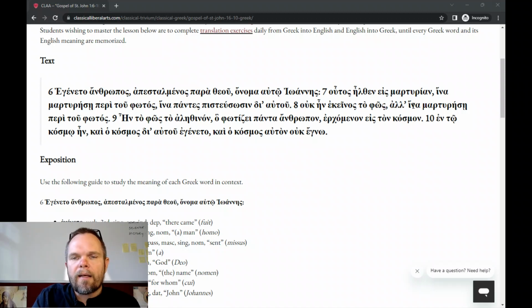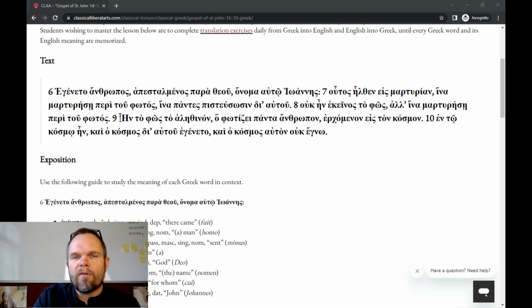Al hina, notice the rough breathing, al hina, marturese, peri tu photos. So verse 8 reads, uk ein ekeinos to phos, al hina marturese peri tu photos.